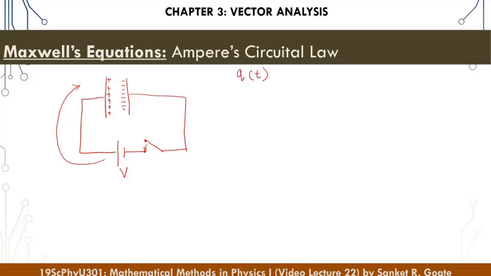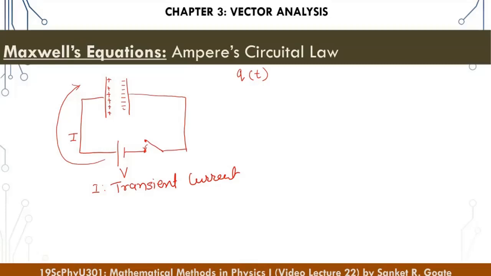This small current flows initially, for a very short time, before the capacitor is fully charged and has voltage equal to V, which is the voltage of the battery. This current is called transient current. So this transient current flows through the circuit, and when the current flows, this Q, the charge accumulated on either plate, is a function of time.